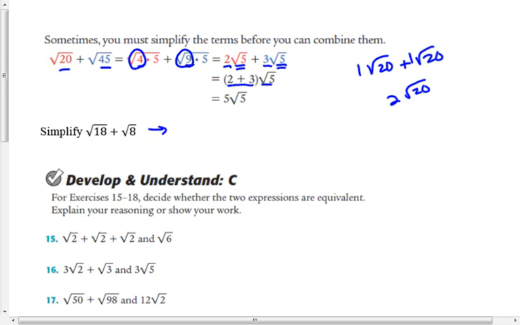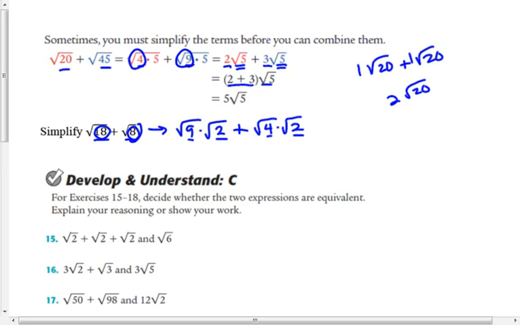So these are both not simplified radicals. The square root of 18 has a perfect square factor of 9, so I'm going to write that out like this. 9 times 2 equals 18. And the square root of 8 also has a perfect square factor, and that's 4. So I'm going to write that as the square root of 4 times the square root of 2. 4 times 2 is 8. 9 times 2 is 18.